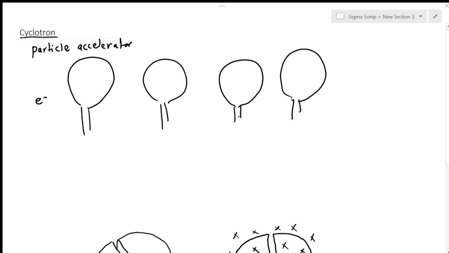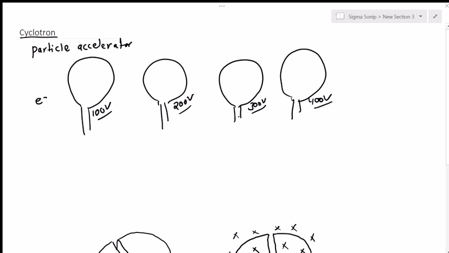So for example, this ring could be at 100 volt, this ring could be at 200 volt, this could be at 300 volt, 400 volt, and so on. So this 100 volt means it is positively charged. 200 volt means this ring is more positively charged. This is even more, and that's even more.